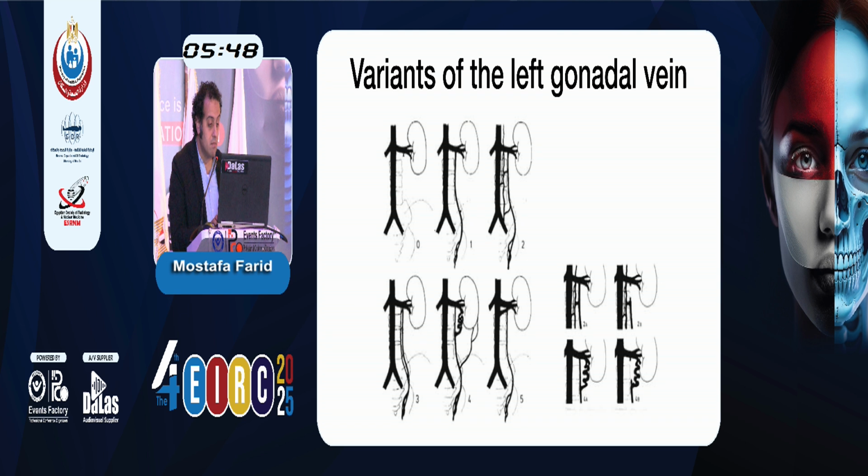And there are lots of variant anatomy for the gonadal veins, but I think they have something in common. At the very lower end, they are usually one or two veins, or maybe one vein. So no matter how much variant anatomy you see up near the kidneys, when you go down, it is nearly one vein.